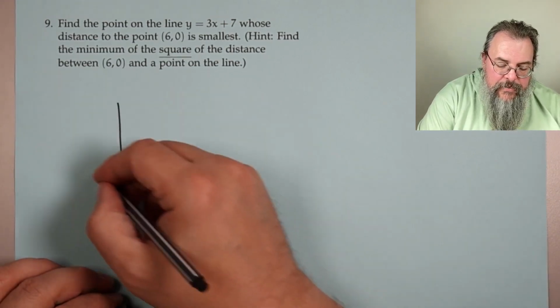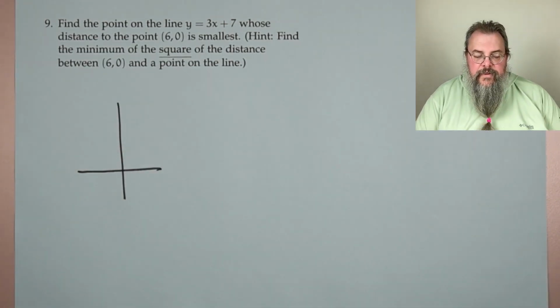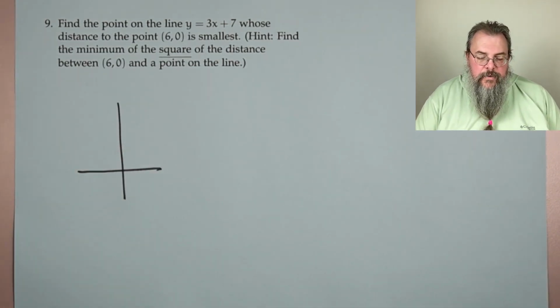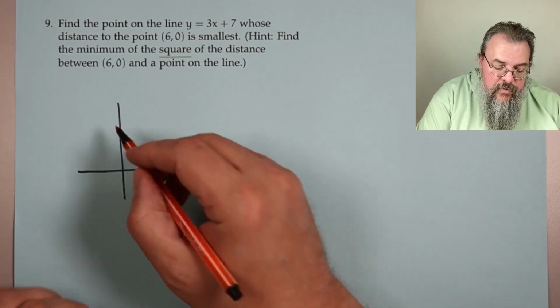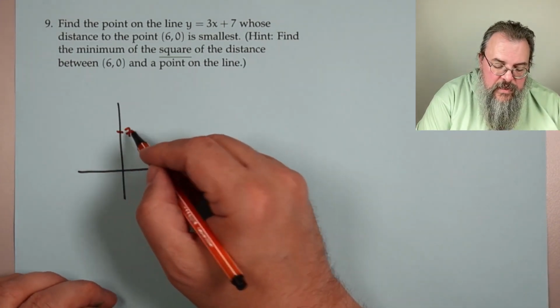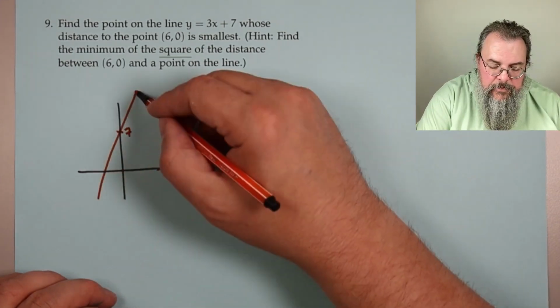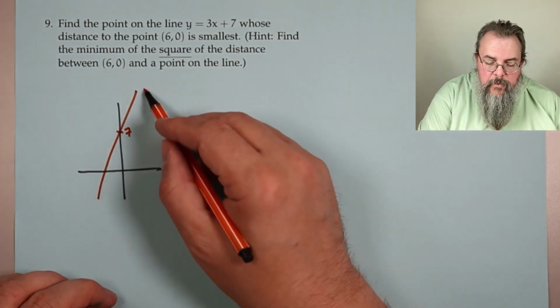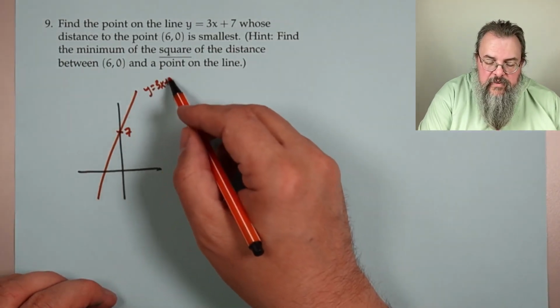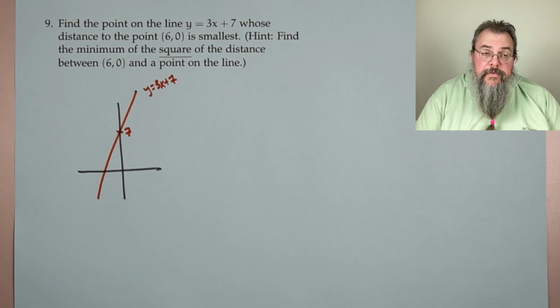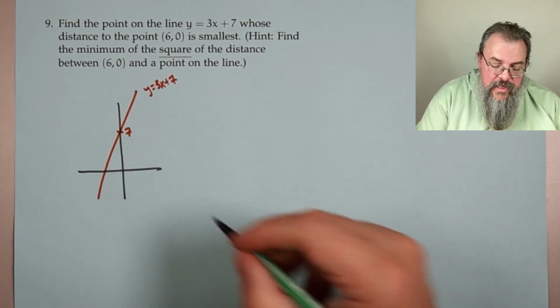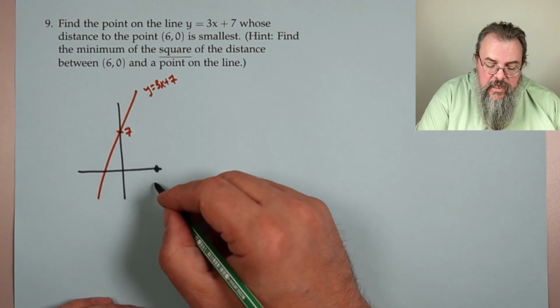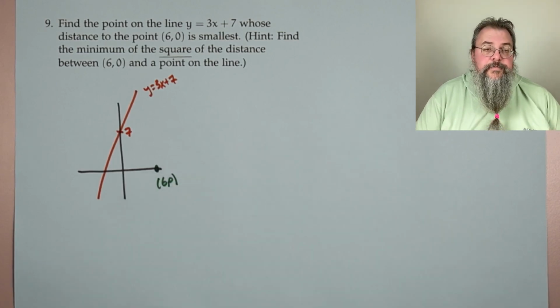We have our axes, and we have 3x plus 7. So here's 7, and a slope of 3 means it's pretty steep. So here's our line, y equals 3x plus 7. And then we have a point at (6, 0). So we've moved over 6 in the x direction, and we have this point (6, 0).